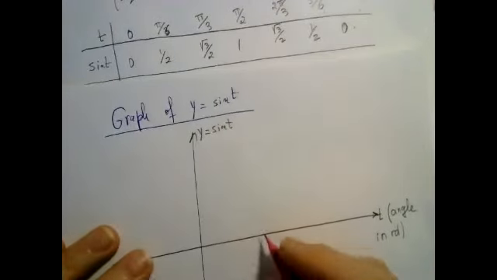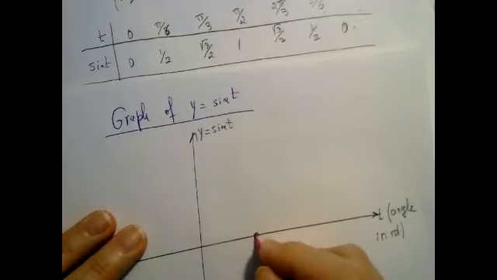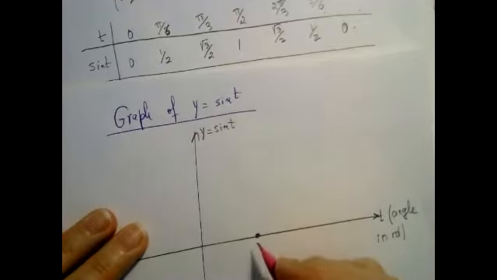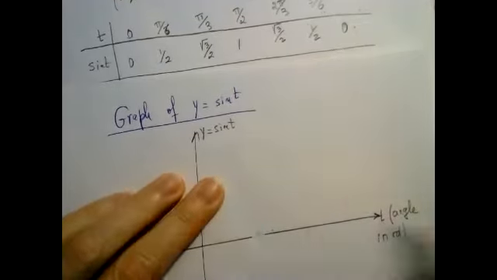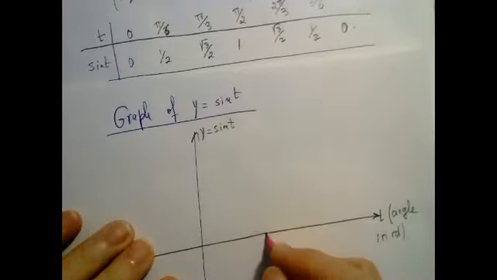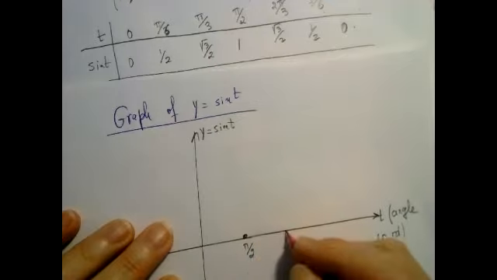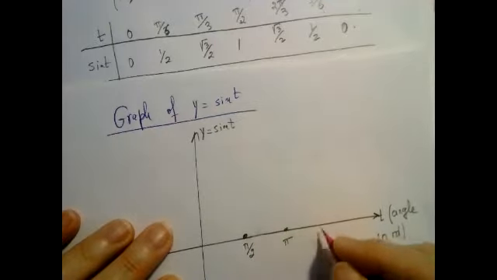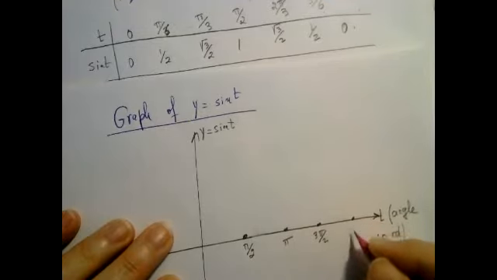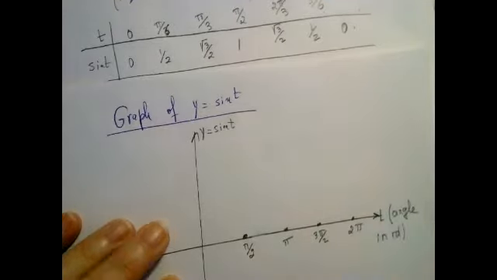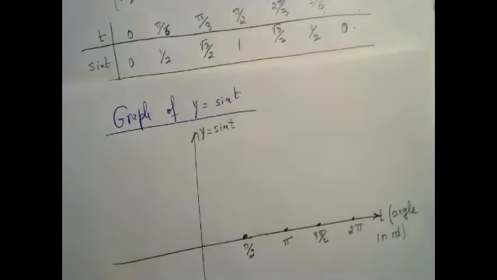The first points of interest on the graph, the most important points which guide us, are the following. I'm going to put on the graph pi over 2, pi, 3 pi over 2, and 2 pi. These are the values of the angle. I always put them here because they guide us in this problem.